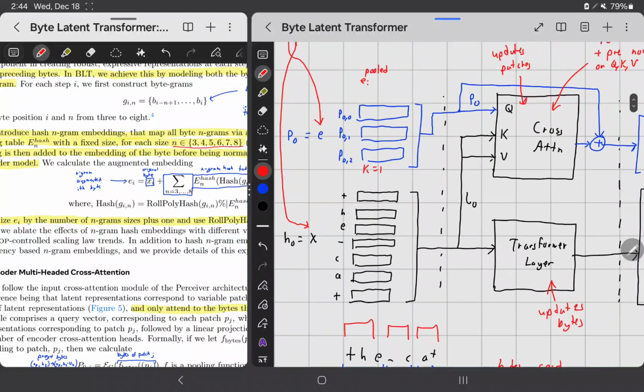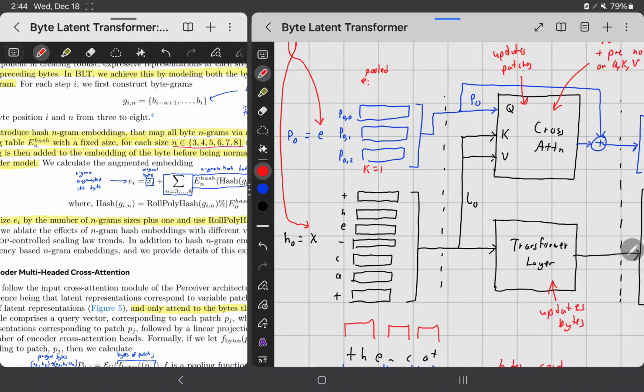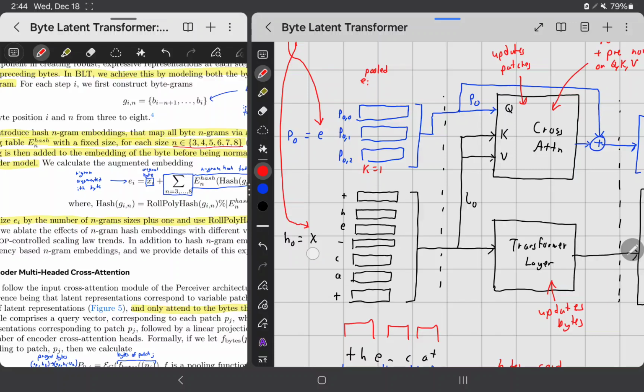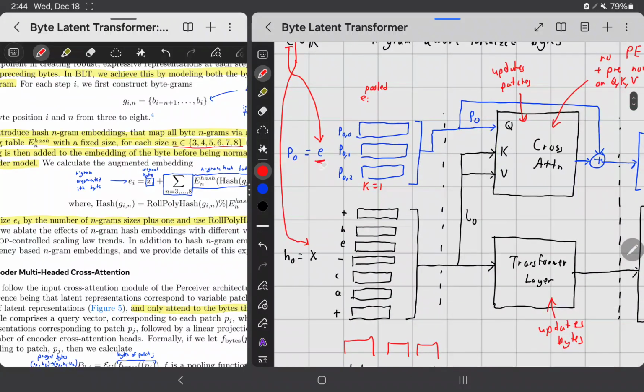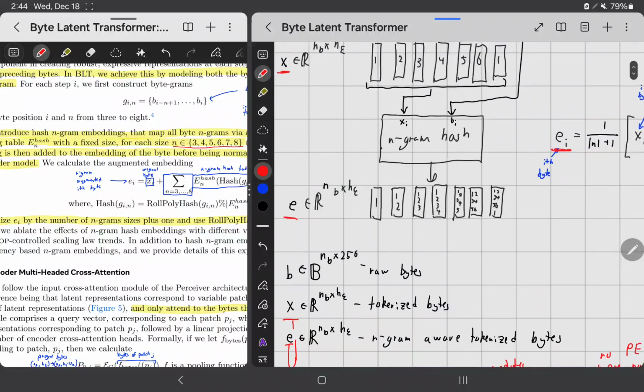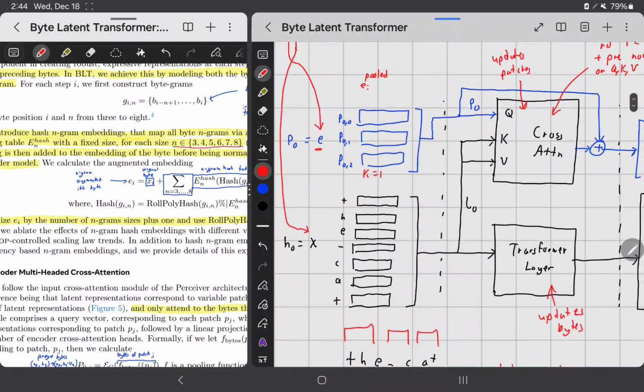Now, we basically start off with 2 sequences. We start off with one sequence, which is initialized to x. And x is our non-n-gram informed byte sequence. These are our pure bytes. E, on the other hand, is our n-gram informed bytes, and that is going to be used to initialize our patches here.